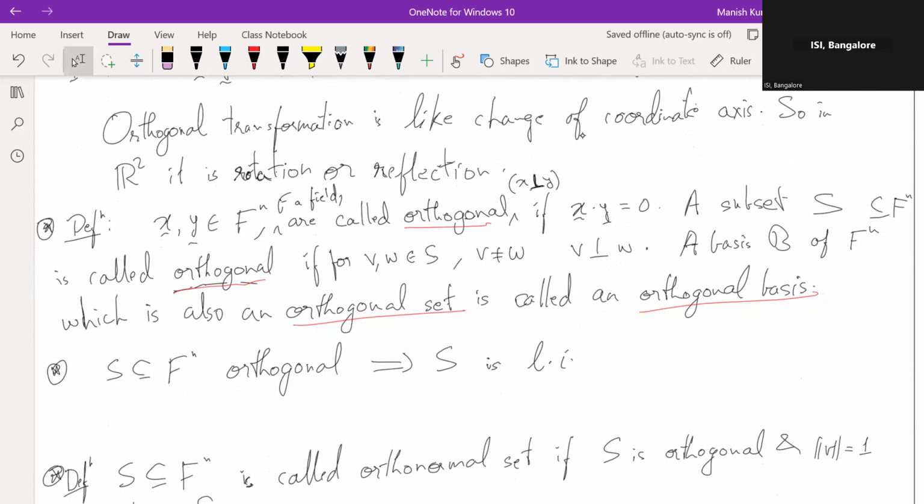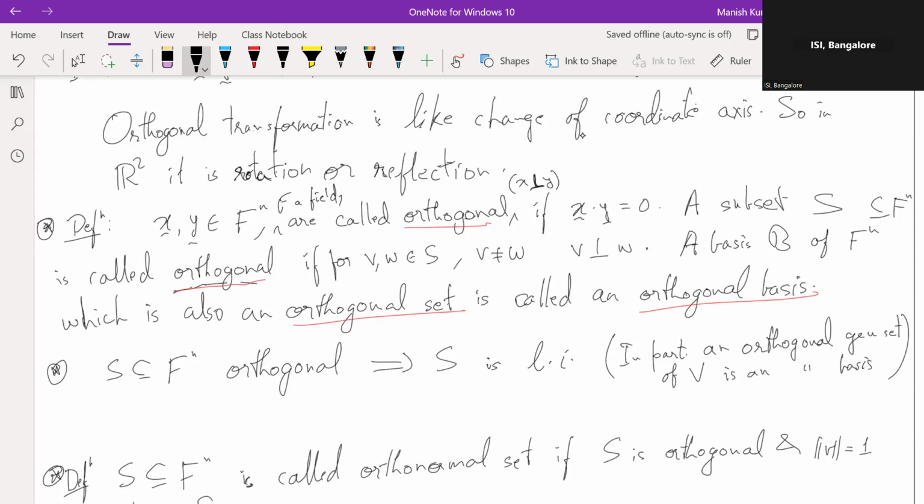In particular, an orthogonal generating set of V is an orthogonal basis, because it's automatically linearly independent and it generates, so hence it's a basis.